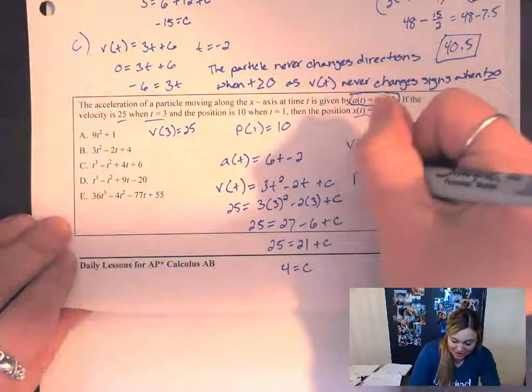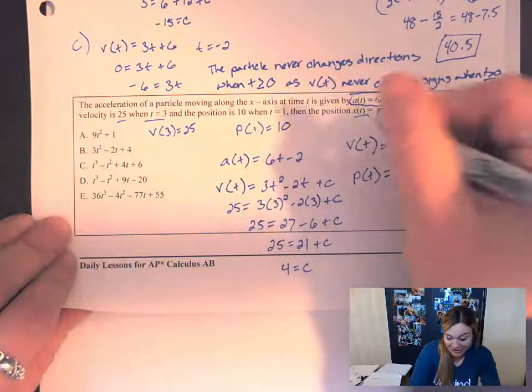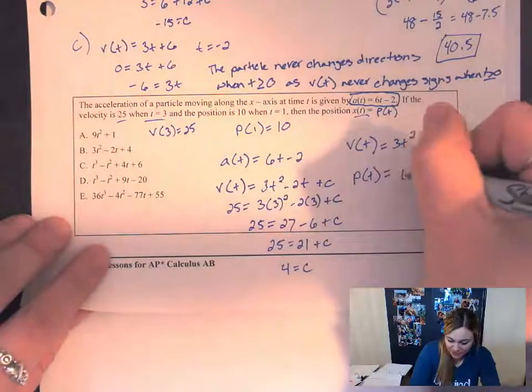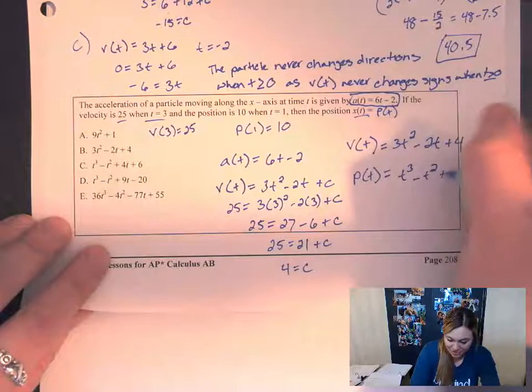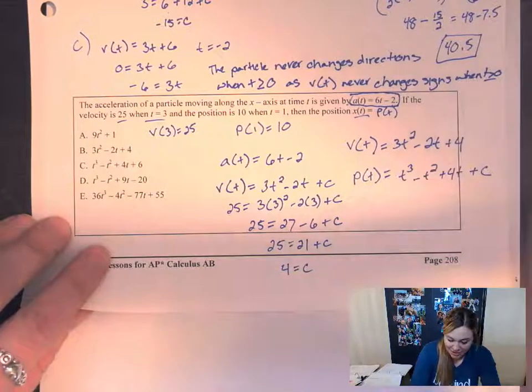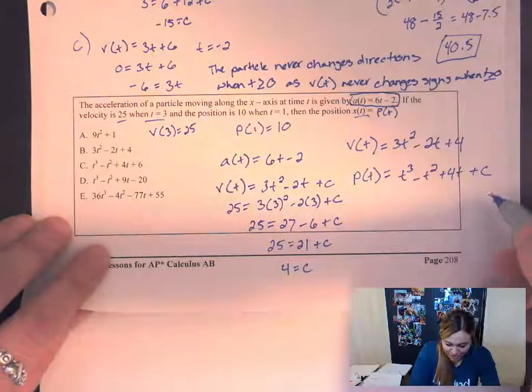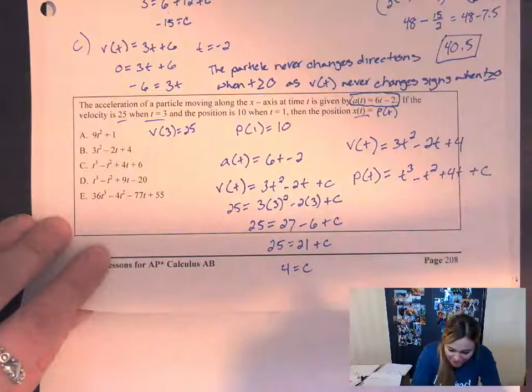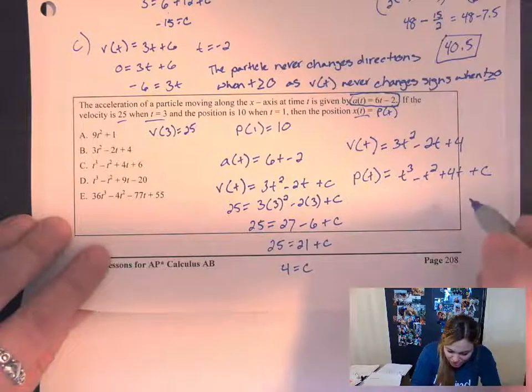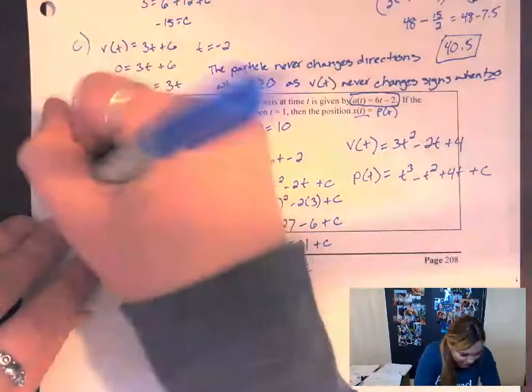If I want to get back to position, you can say p of t or x of t because that's what was given. Add 1 to my exponent, divide by my new exponent. Don't forget plus c. And you could start eliminating things right now because you know this is going to be t cubed minus t squared plus 4t. So I think there might only be one answer right now.